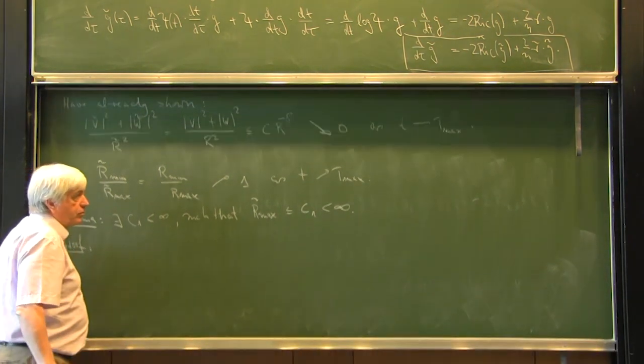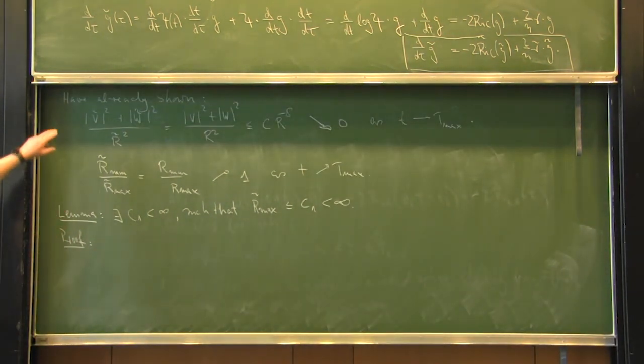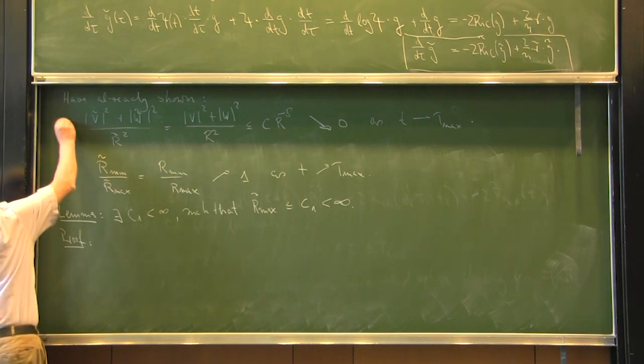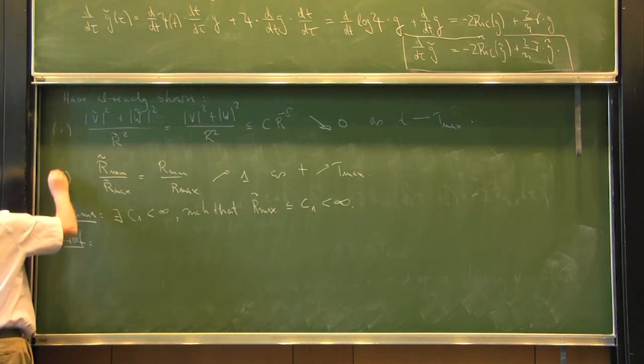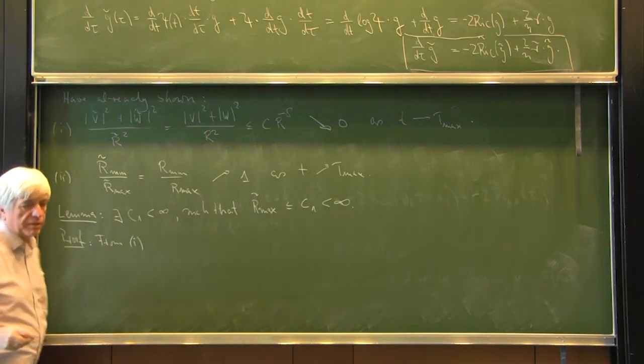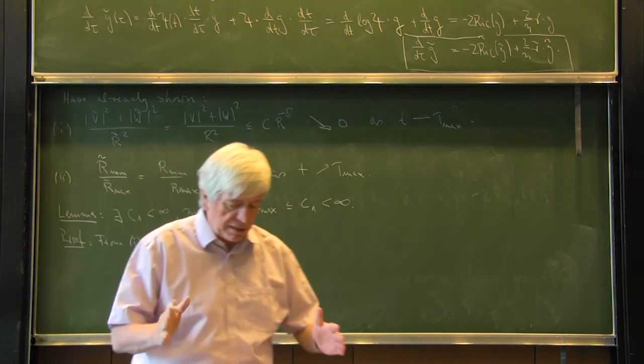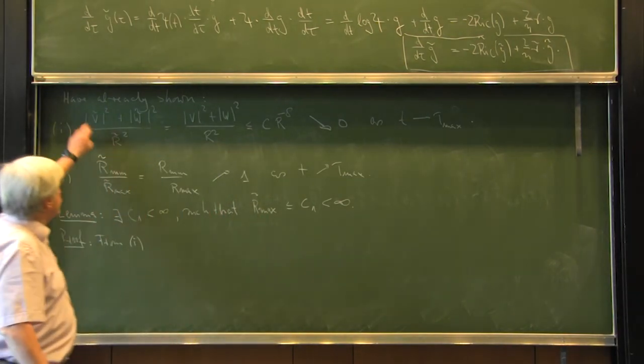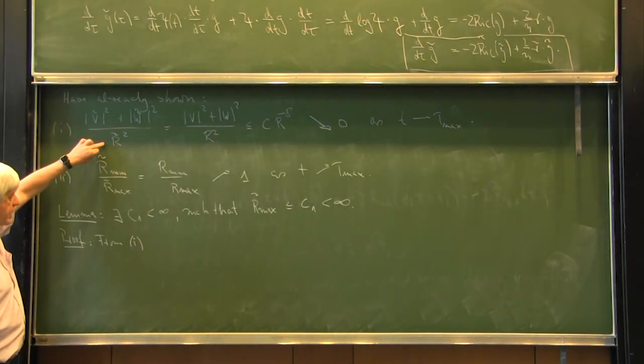Well, since property 1 here from 1, we know that the trace-free part of the Ricci tensor tends to 0 compared to the scalar curvature.